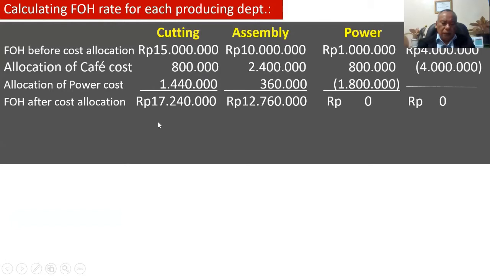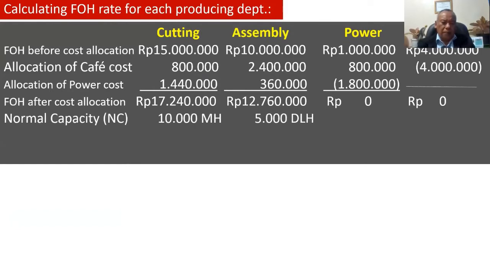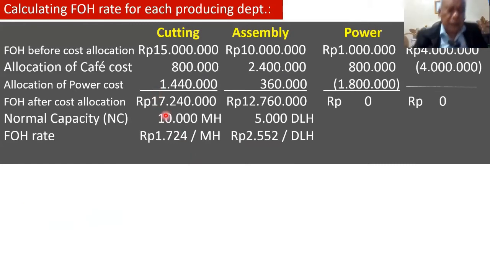Then we divide it by the normal capacity, so we find the factory overhead rate. For cutting, the total factory overhead after service department cost allocation, 17,240,000, divided by 10,000, gives 1,724 per machine hour.